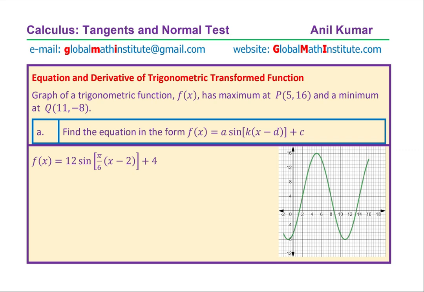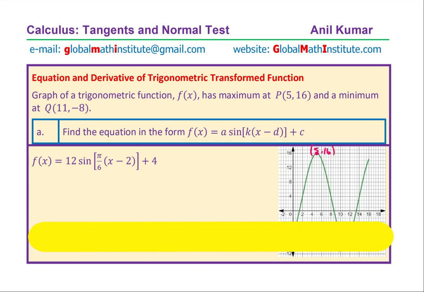Okay, so what we have done here is we have sketched the sine wave here. As you saw, these are the 2 points given. So these points are at 5 and 16, and this one at 11 and minus 8. At 4, we have this axis, correct?